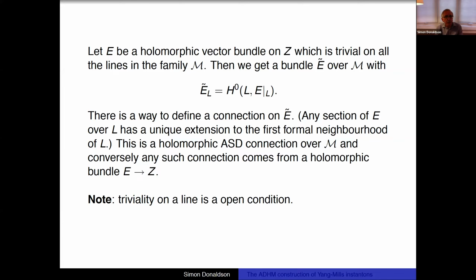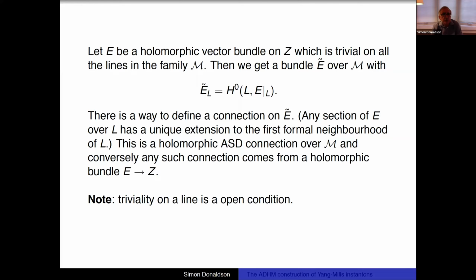So there's a way to define a connection on E tilde in this complex geometry framework. A good way of discussing that is in terms of formal neighborhoods. If you have a section of E over L, then there's a unique way of extending that to the first formal neighborhood of L. And that goes over to the notion of a connection.